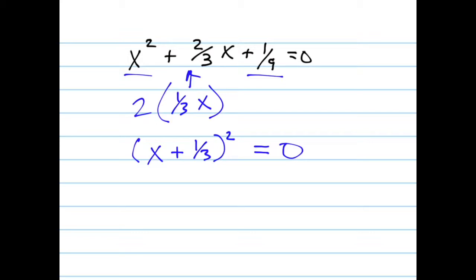There's another step you could do. Square root. I can take the square root of both sides. That cancels out the square on the left. And what's the square root of 0? 0. So I get x equals negative 1/3.